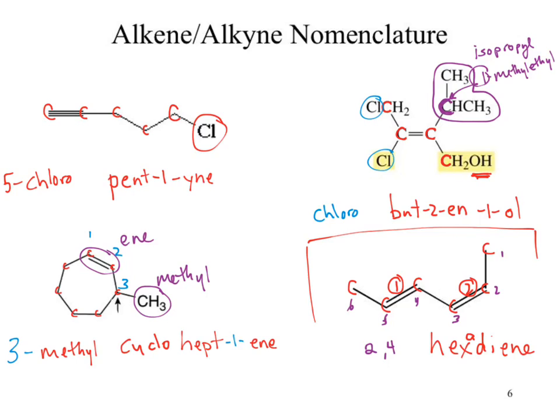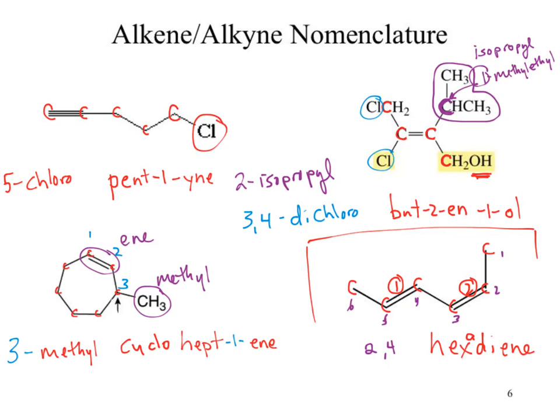We've got 2 chloros, so we can call it dichloro. Where are those chloros located? 3 and 4. And then we also have our isopropyl, or our 1-methyl-ethyl, which showed up where? Position 2.